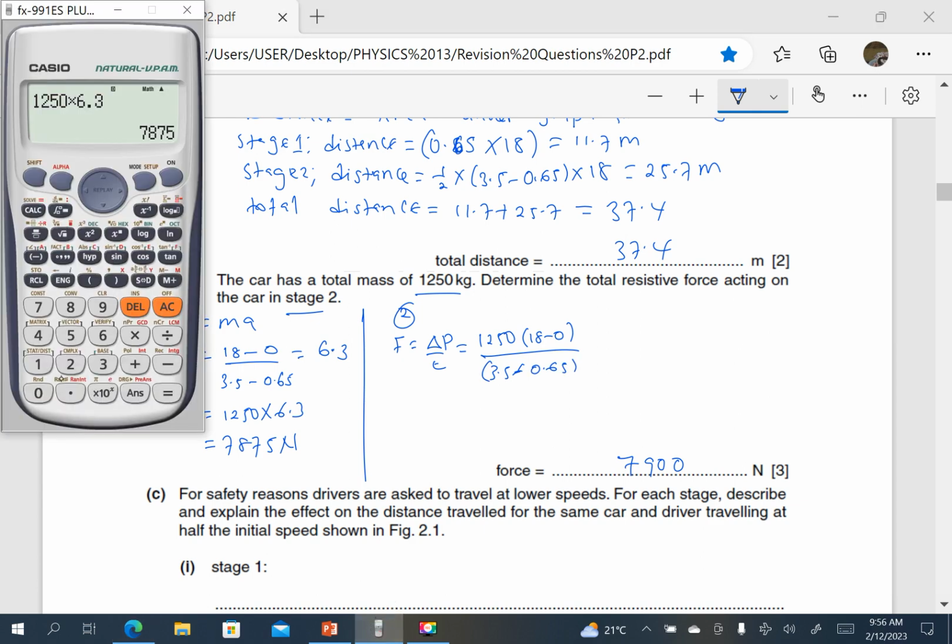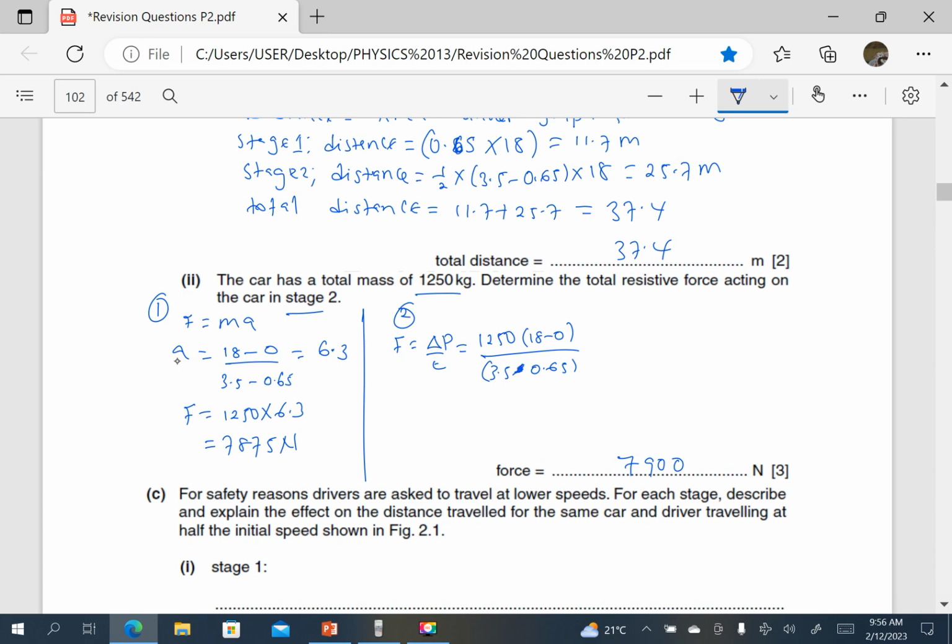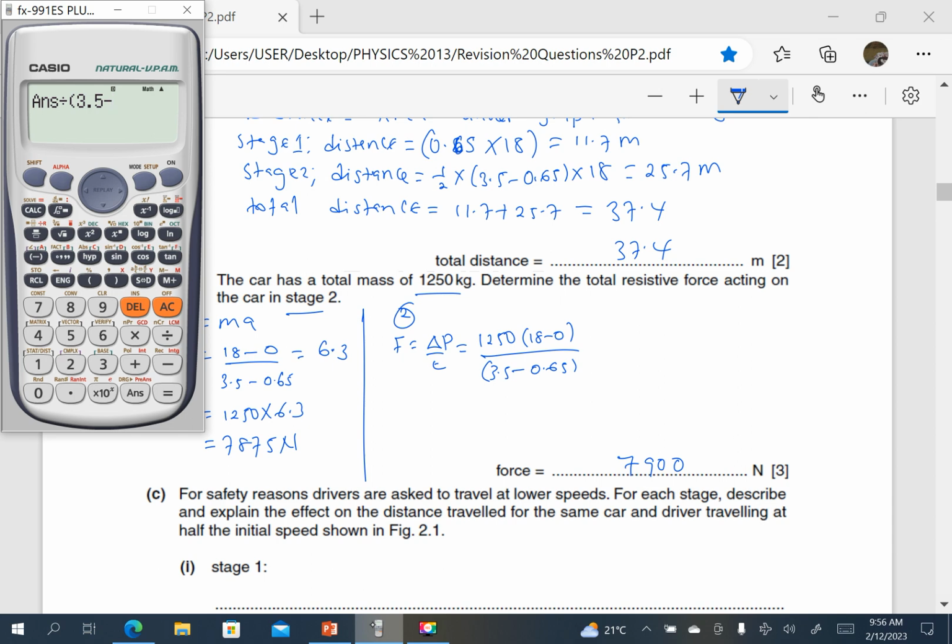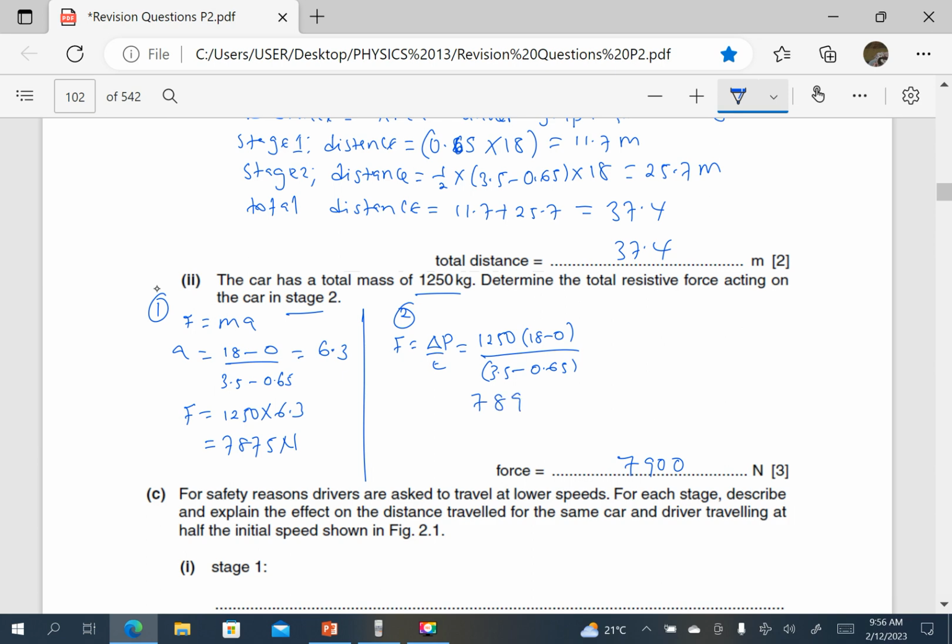So this is going to be 1250 times 18 divided by 3.5 minus 0.65, which gives approximately the same, 7894, which rounds off to 7900.